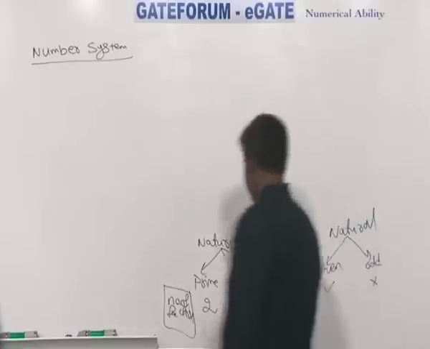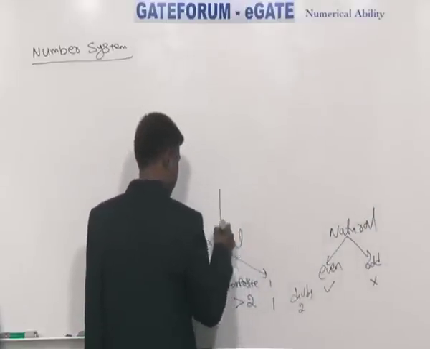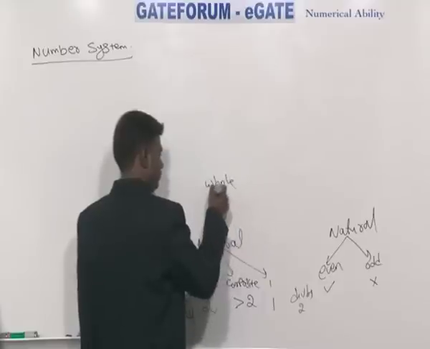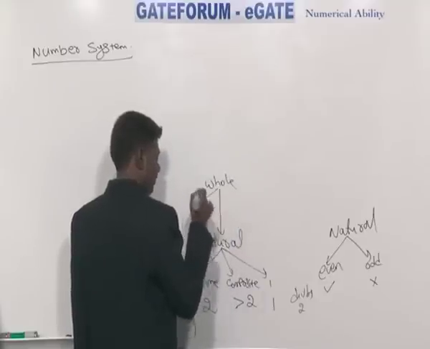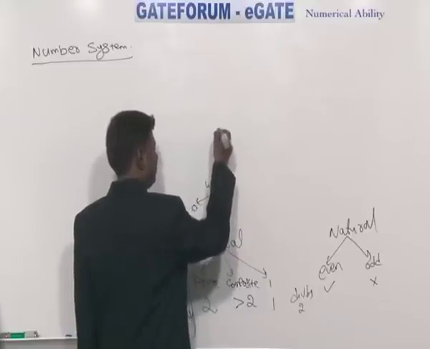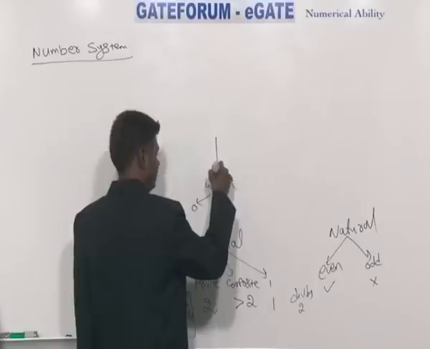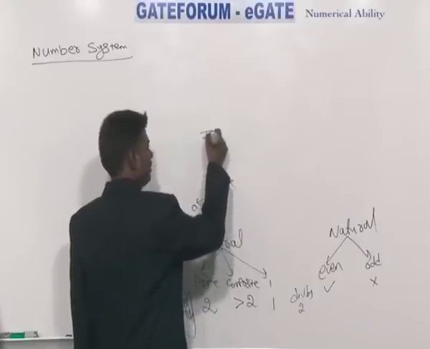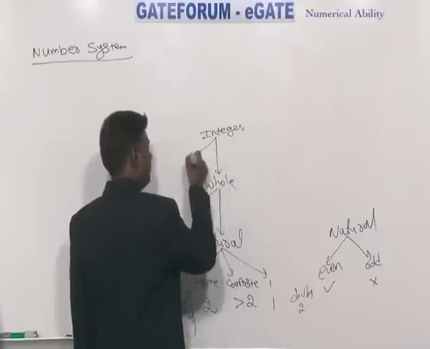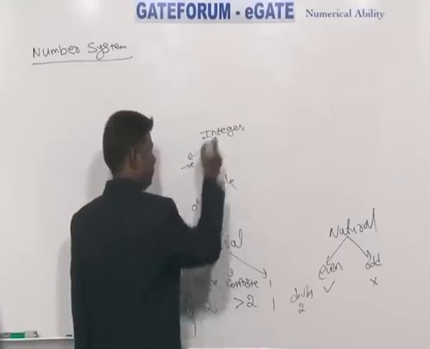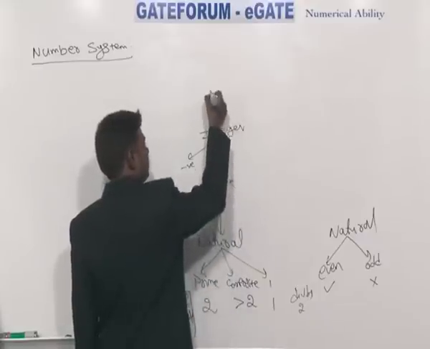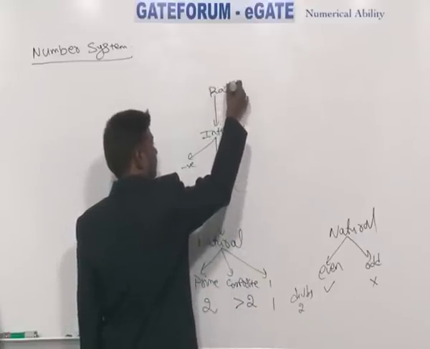Okay. By the way, if you consider the superset of natural numbers, it is the whole number set. It also has 0, right? If you consider the superset for whole numbers, it is the integer set, which has negative values. If you consider the superset for integers, you have rational numbers.